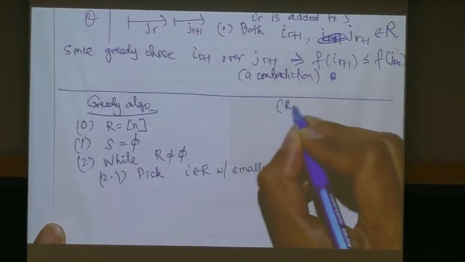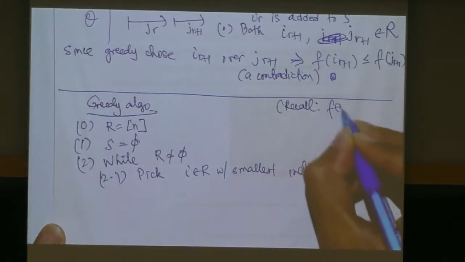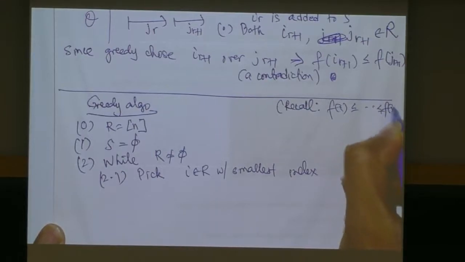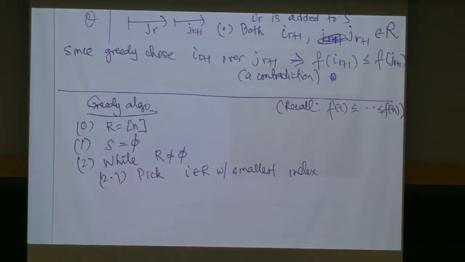And again, reminder that we have sorted everything so that when I pick the interval with the smallest index, by definition, it will get you the one with the smallest finish time.